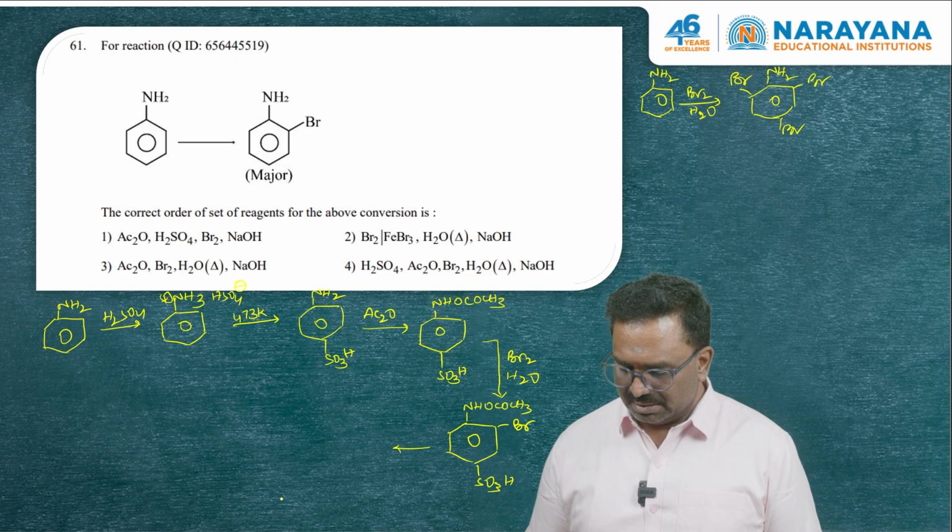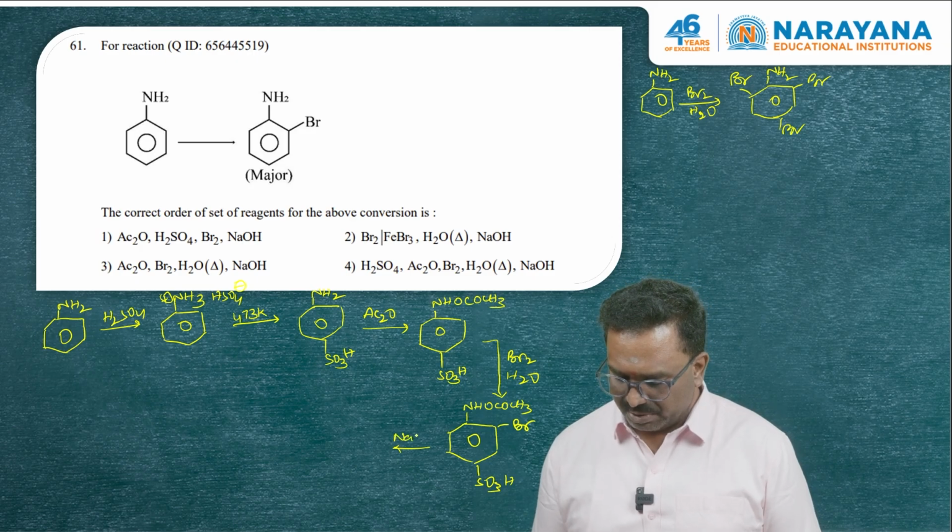And this is followed by treatment with NaOH. Now the reaction can be reversed by heating. The SO3H group is also released.